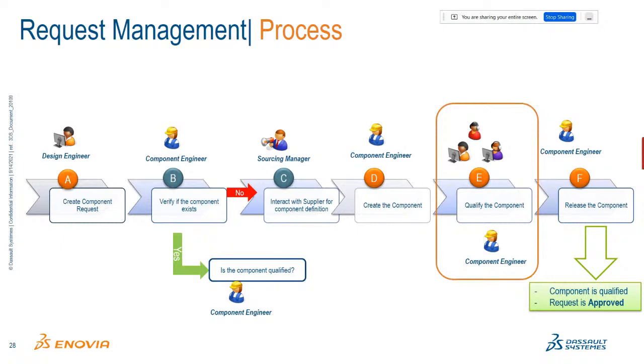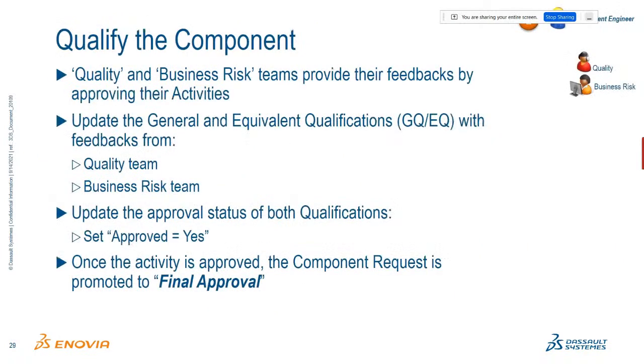Okay, so now we will dig into really what's happening within the quality, how we react basically to the qualification itself. So here we assume we have, as I said earlier, a quality team and a business risk team, and these teams could be involved in order to approve this qualification. So they give their feedback from quality and from business risk.